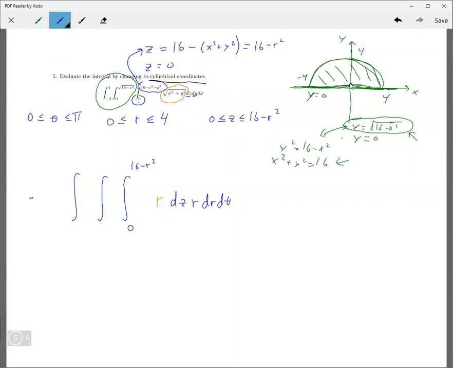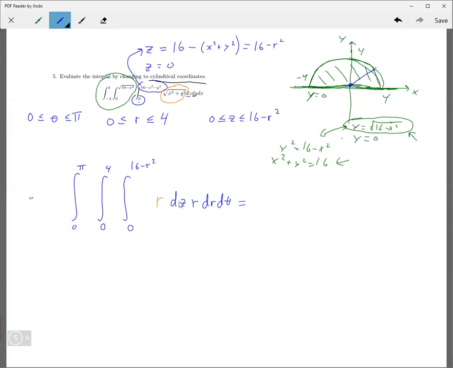Here's your r coming out like that, and it goes from 0 to 4. So to get this part right here, r goes from 0 to 4, and theta goes from 0 to pi. That'll do the trick right there. So 0 to 4, and then that goes from 0 to pi. And we're off.